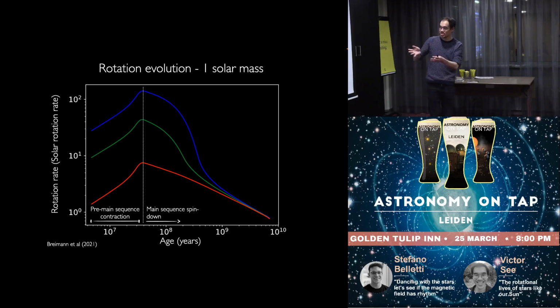So the pre-main sequence contraction phase: pre-main sequence stars are stars that haven't yet reached, let's say, their adulthood. They're still big balls of gas, still collapsing under gravity. And the reason they're spinning up is because of something known as conservation of angular momentum. Angular momentum is a fundamental property that all objects in the universe have.